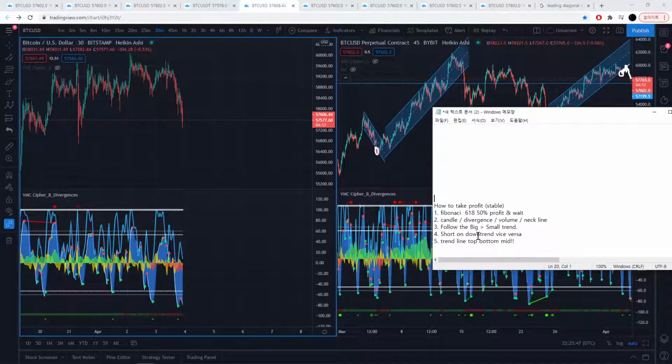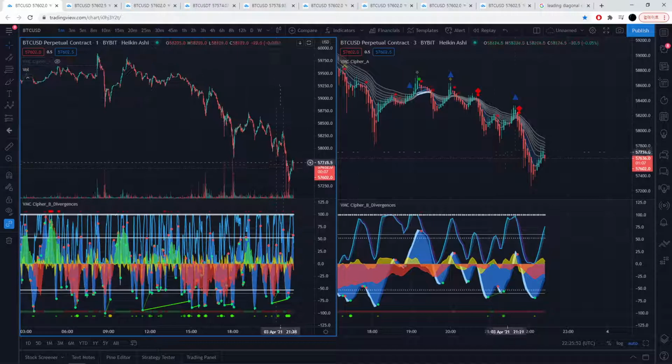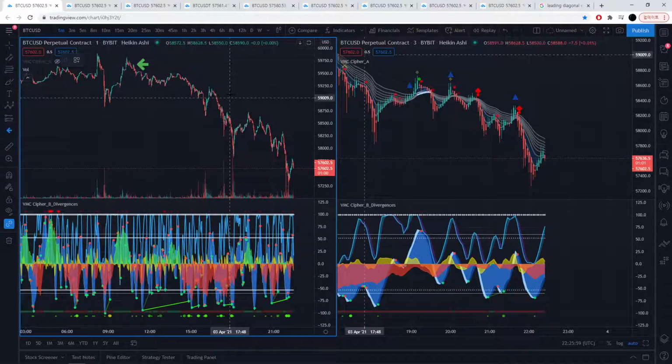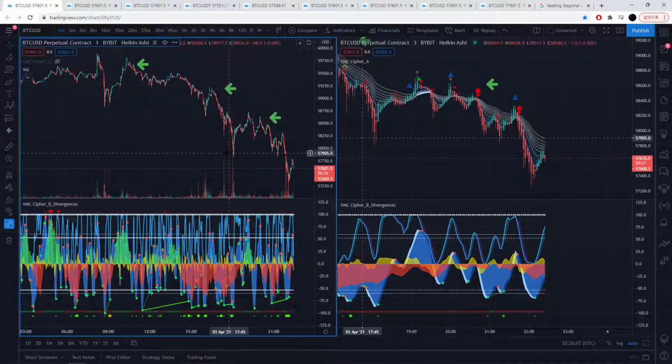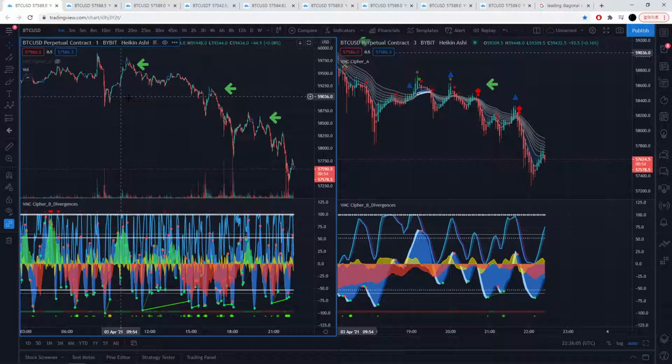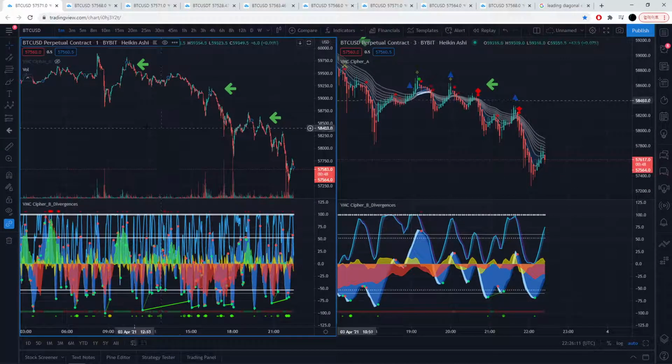Okay, and short on a downtrend, vice versa. Right now we're in a short position, right? Because it is a downward trend. So you would take short positions here, here, here, and so on. But you do not take a long position in a downward trend because it's too dangerous. You don't know when it's going to go down again, and vice versa.